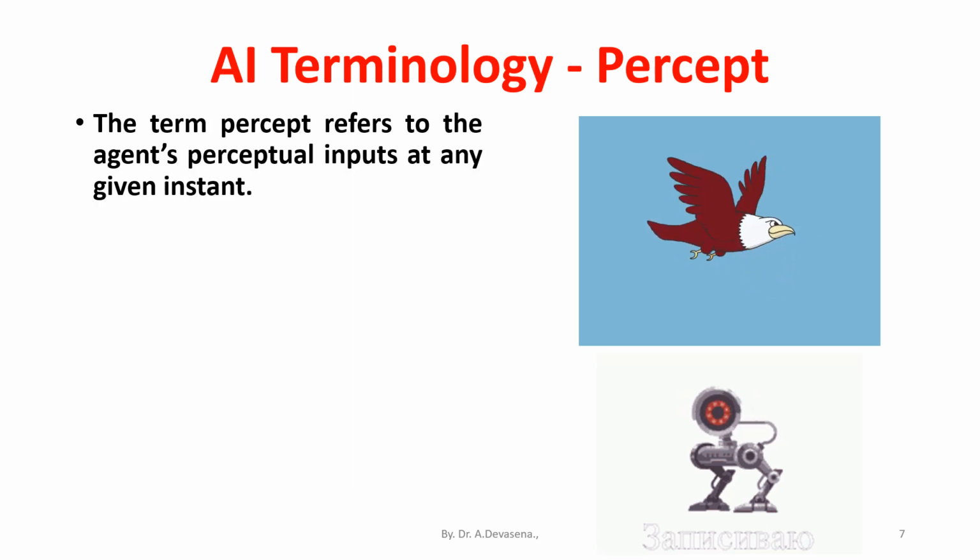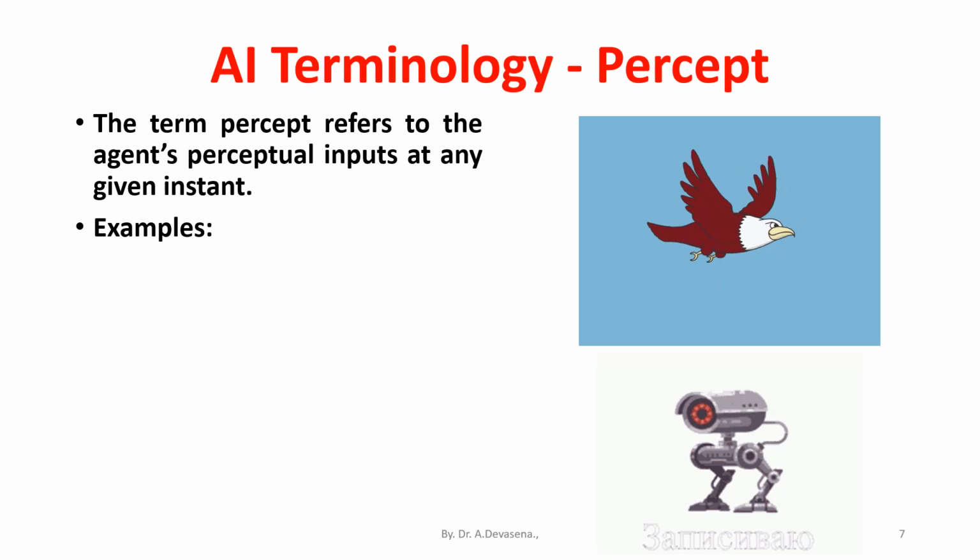The examples for the percept are: first, a human agent perceives a bird flying in the sky through eyes and takes its snap, that is photography. A robotic agent perceives temperature of a boiler through cameras and takes the control action.